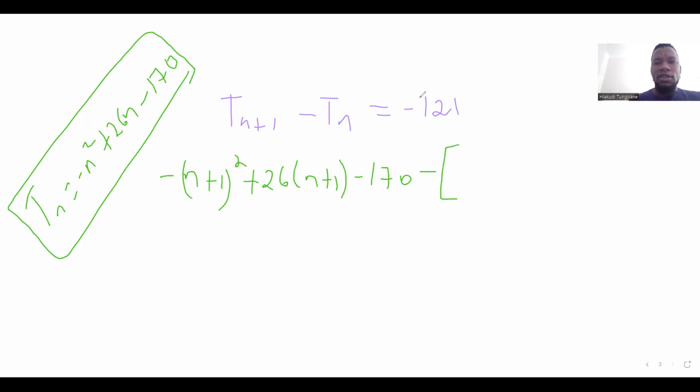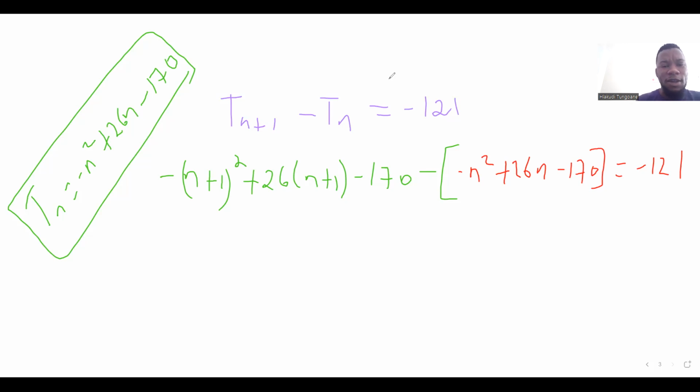Minus, let's change the color. So that's going to be the same as minus (minus n squared plus 26n minus 170). So that must equal minus 121. Okay, left hand side must equal the right hand side. So now we just need to simplify the left hand side to make it a little bit neater. If we expand the brackets, I'm just going to do it in my head.